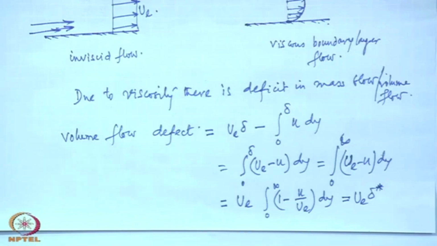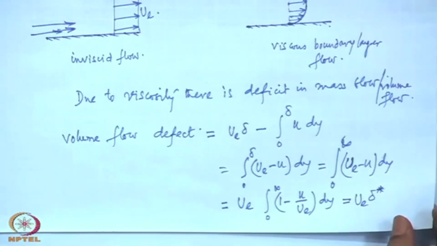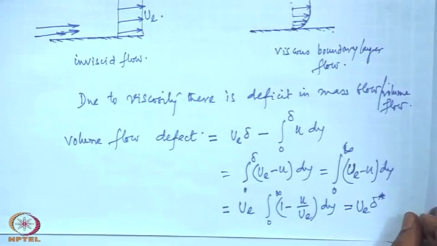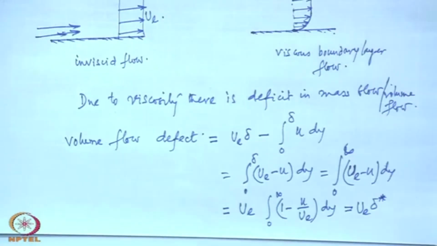So, u e delta star is the amount of fluid that has been blocked by the viscous effect. U e into delta star is the volume of the fluid that has been blocked by the viscous effect. This is also another net effect of viscosity or boundary layer, or we can say vorticity, whatever we call it.